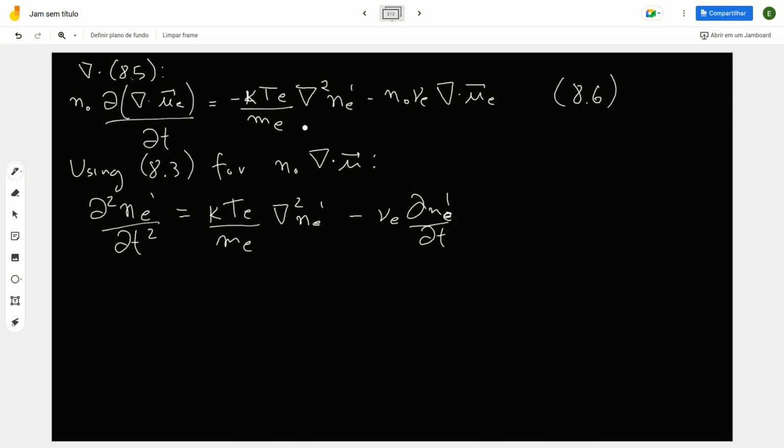We have used it both here and also here. That's why this has become the same here. In both places we used 8.3. Then solving for this, we obtain this form for equation 8.7.